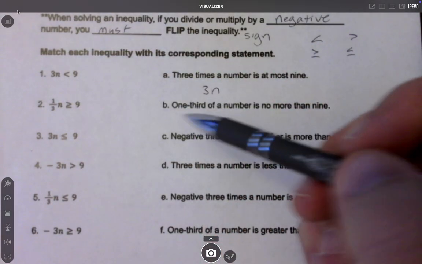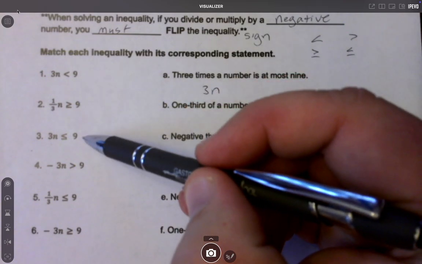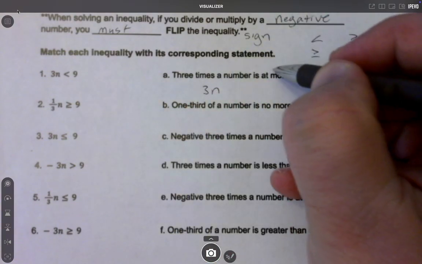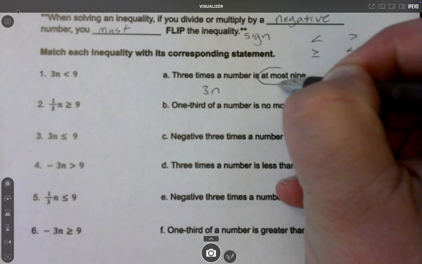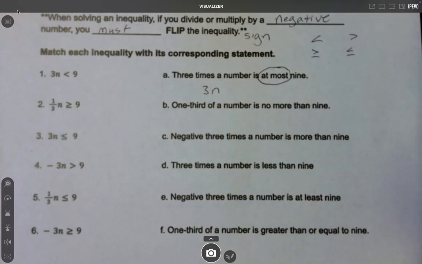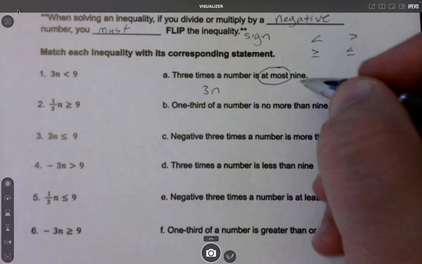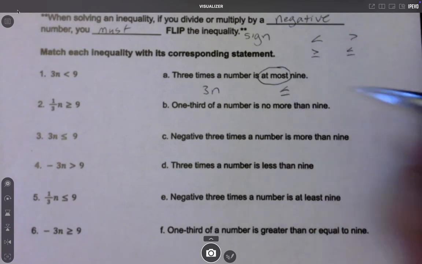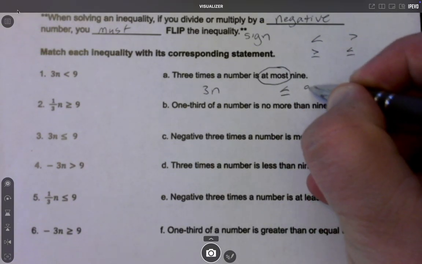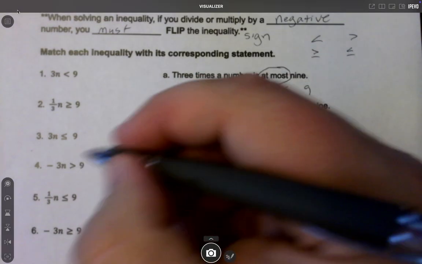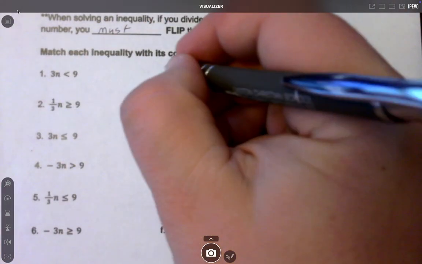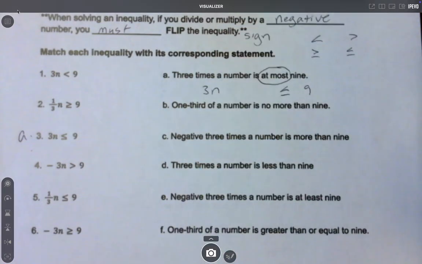So right now we could go ahead and limit it down to number 1 and number 3. But we got to remember what we said yesterday. At most means less than or equal to. So at most, less than or equal to 9. So that would go with number 3. So number 3 is A.